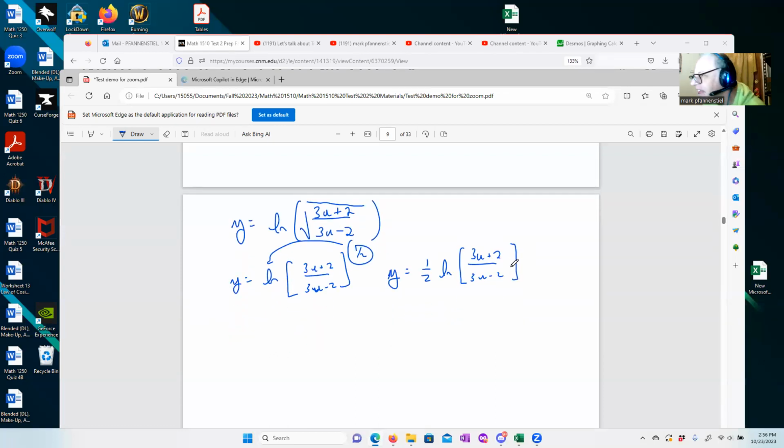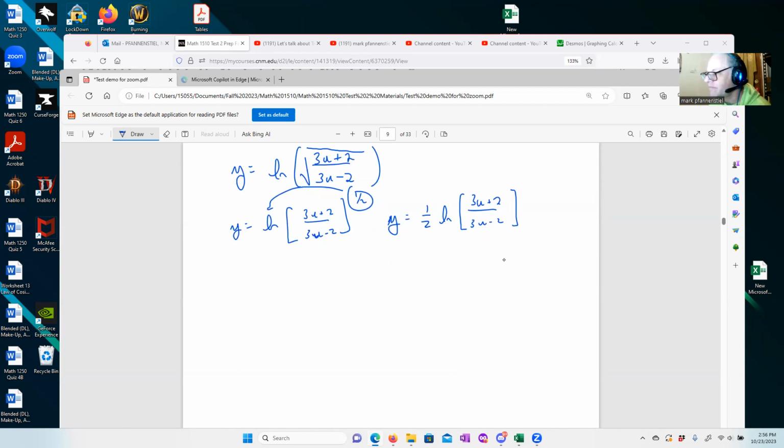Not in this case. There's another rule of logarithms. We're going to say y equals 1/2 natural log, it's inside the logarithm, so this is going to be a big bracket here, ln of 3u plus 2 minus ln of 3u minus 2.